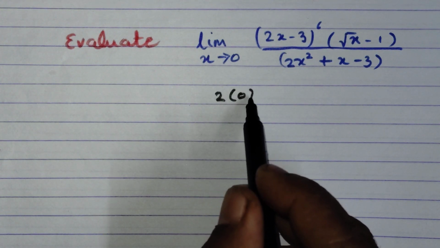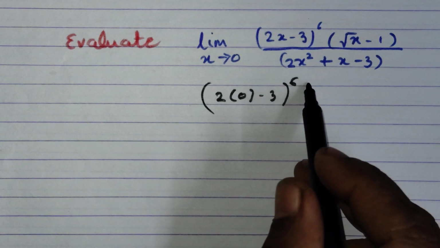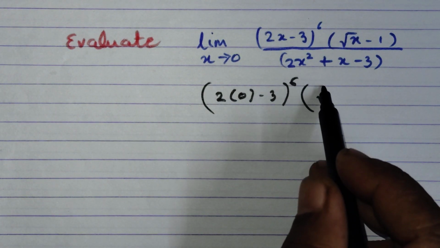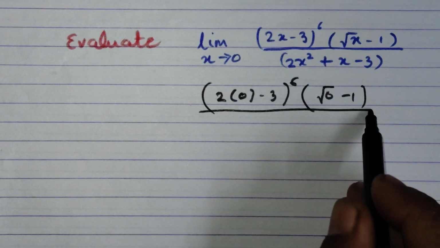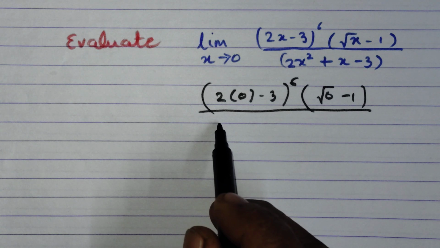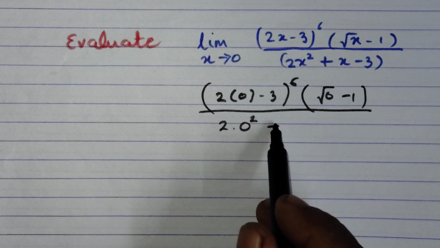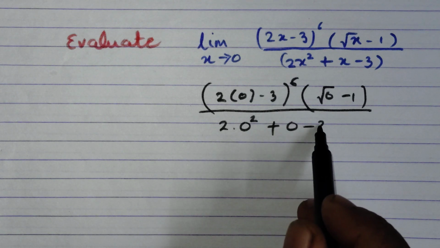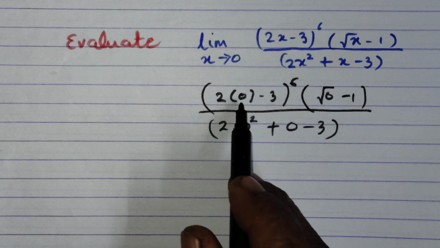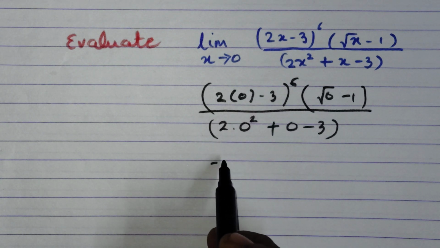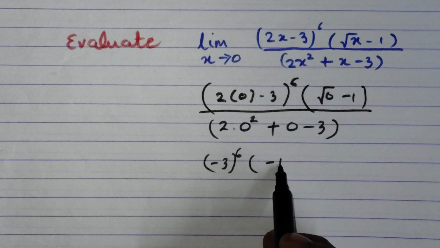So 2 into 0 minus 3 whole power 6 into square root of x means square root of 0 minus 1. And similarly we replace x with 0 in denominator: 2 into 0 square plus 0 minus 3. Numerator becomes 2 into 0 is 0 minus 3 to the power 6 into minus 1.